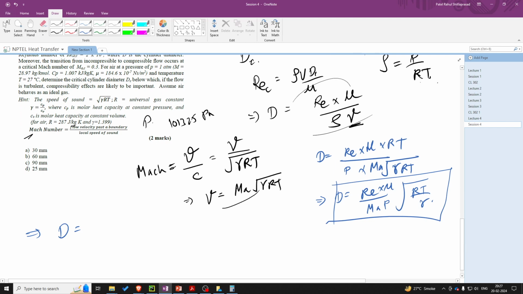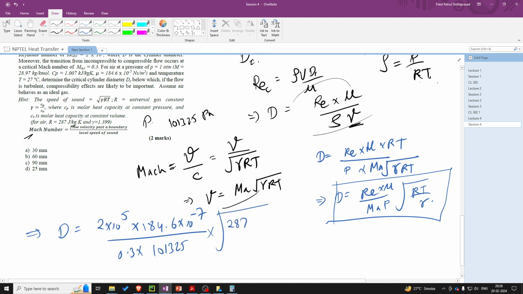So the Reynolds number is 2 into 10 raised to 5. Mu is 184.6 into 10 raised to minus 7, upon Mach number 0.3. Pressure in Newton per meter square is 101325, into under root of R is 287, temperature is 27 degrees Celsius, that is 300 Kelvin, upon gamma.